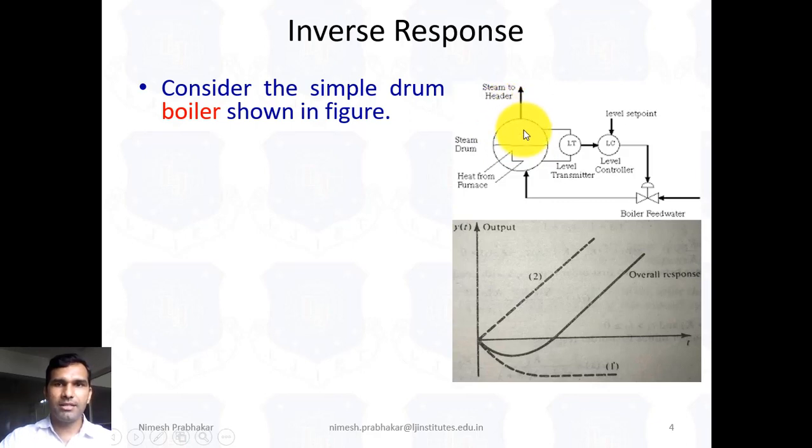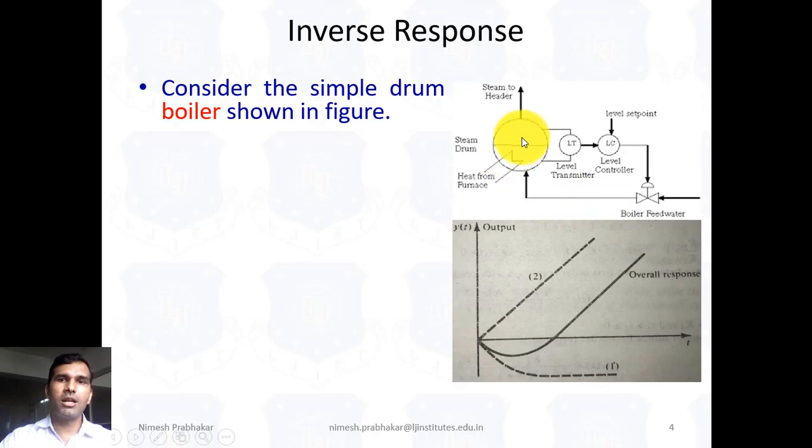At the initial state, when the boiler is working and we add this cold water, the water inside the boiler drum is of course hotter. That means this water is cold and inside is hot water, so its temperature is higher. When we add this cold water into the hot water, suddenly the temperature decreases, so the bubbles in the water are reduced.